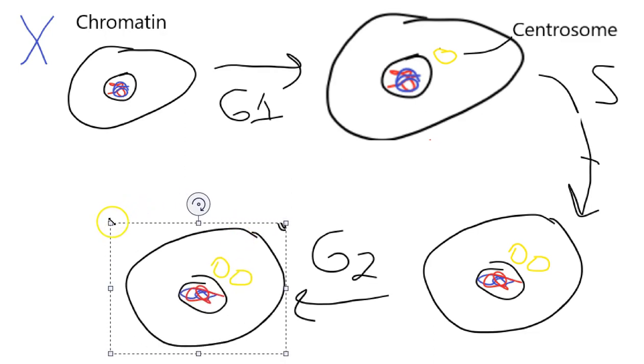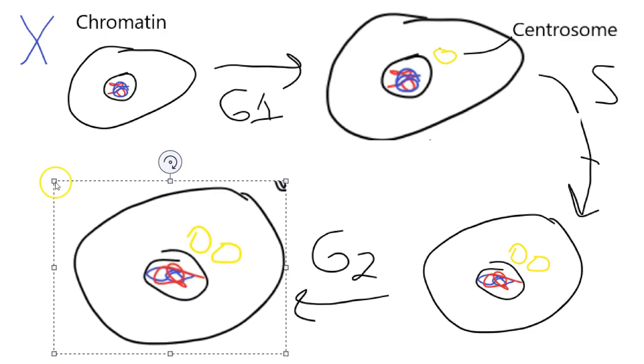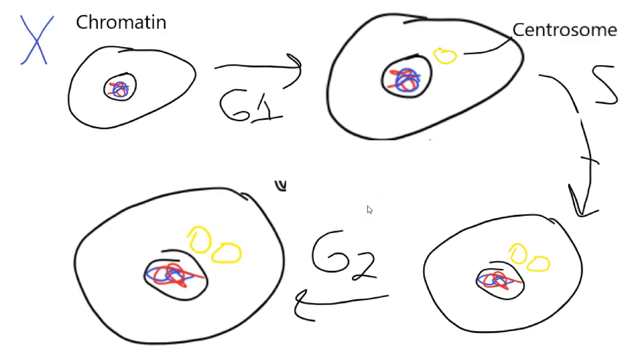Finally, the cell is doing normal cellular processes, continuing to grow. It's got its chromosomes copied, it's got those centrosomes copied, and at this point, the cell can actually enter into the mitotic phase.